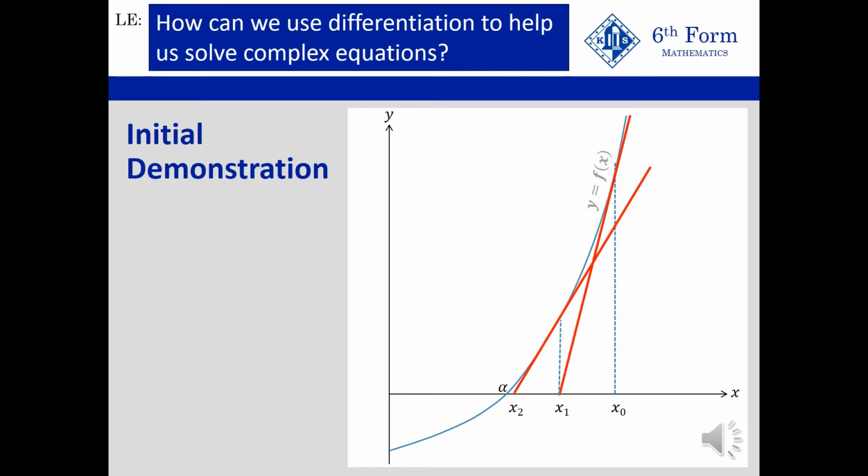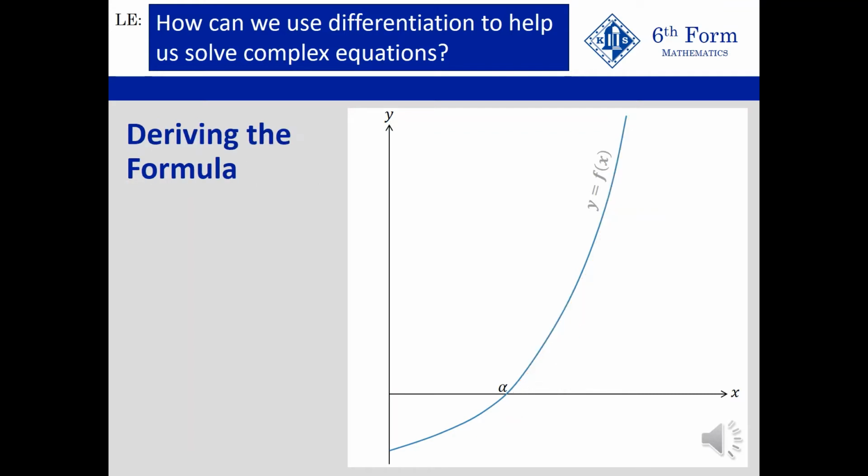But how are we going to turn that into a piece of math? We can derive a formula to help us do this. If we consider our first x value meets the curve at this point, that would be our tangent line. That gives us our second x value. Considering the green triangle, there are two different ways we can calculate the gradient of the tangent.